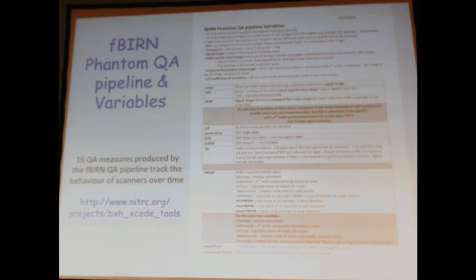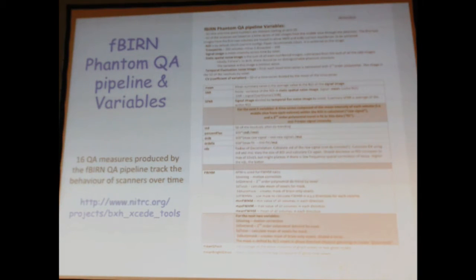So the FBIRN guys, particularly Lee Friedman, Gary Glover, and Doug Greve, came up with a pipeline that you can download from the web. There are 16 QA measures, and these have actually sort of migrated into various other QA packages that are around.